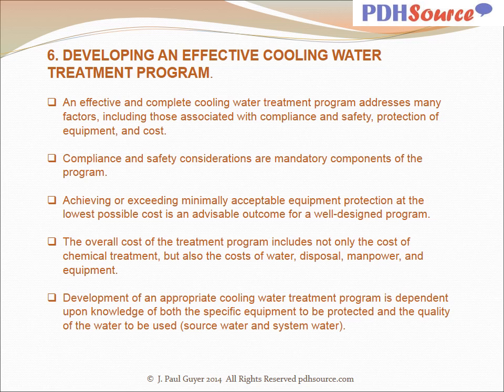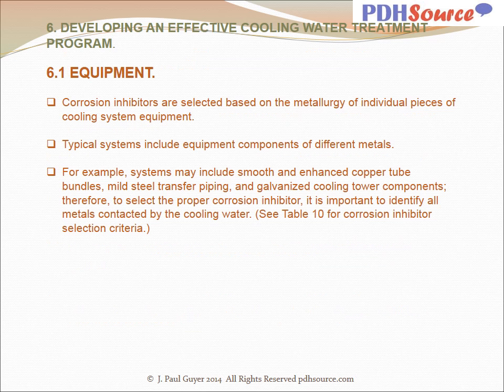Development of an appropriate cooling water treatment program is dependent upon knowledge of both the specific equipment to be protected and the quality of the water to be used, the source water and the system water. Corrosion inhibitors are selected based on the metallurgy of individual pieces of cooling system equipment. Typical systems include equipment components of different metals.